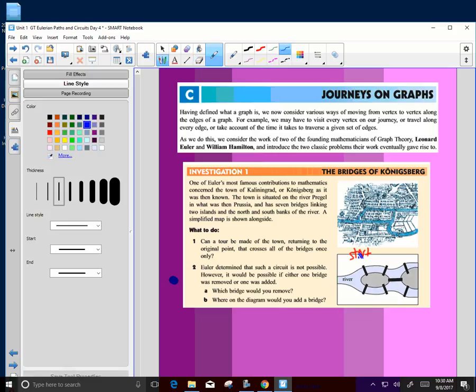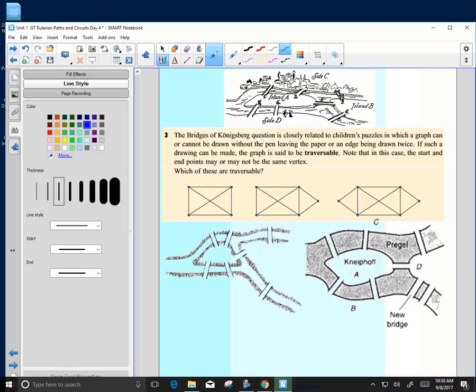So this is the idea of looking at paths, and this is what I think is really interesting. They reduced it to this, because the connections are the bridges, and the vertices would be the landforms. There's 1, 2, 3, 4 landforms.